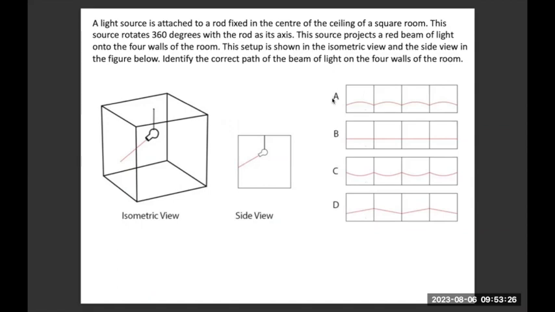In this case, just carefully observe the options. They are drastically different from each other, which means there's very little scope for confusion. Then, after you are done that, what you do is you look at the distance of the light source as it moves from center of one wall. So, right now, if you're seeing the position in the isometric view, the light source is pointing in the center.